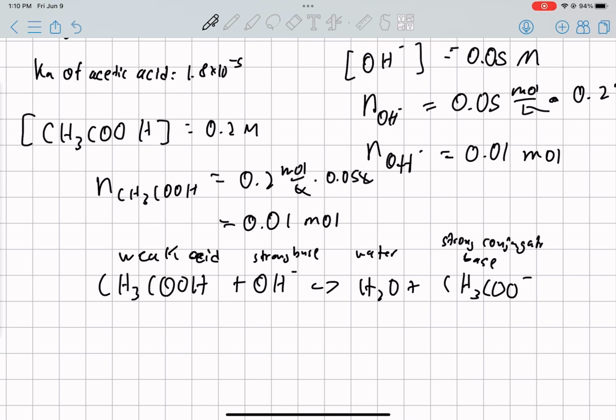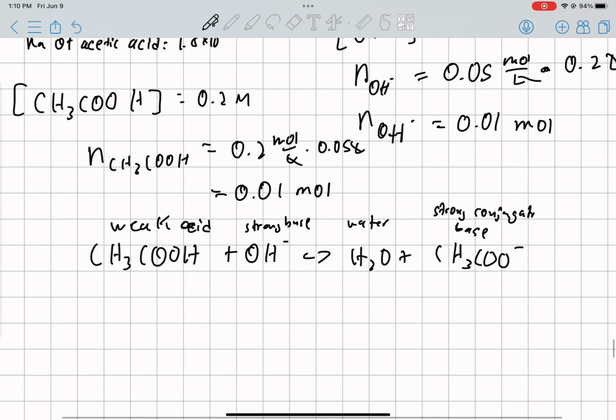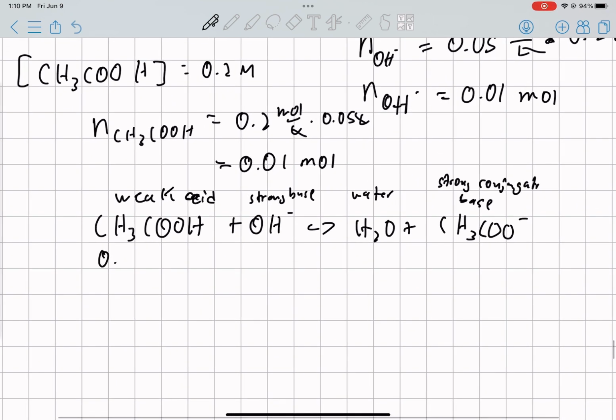So we want to find out how much strong conjugate base we're producing so that we can find how much hydroxide ions that is producing. And to do that, we can use this equation right here. So we have 0.01 moles of this acetic acid and 0.01 moles of this strong base, as we saw before. And notice how these are both the same quantities.